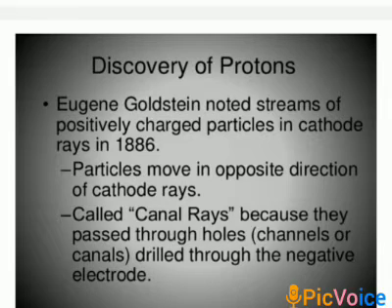It has actually been found by experiments that all the atoms contain positively charged particles that are called protons. The existence of protons in the atoms was first shown by E. Goldstein.